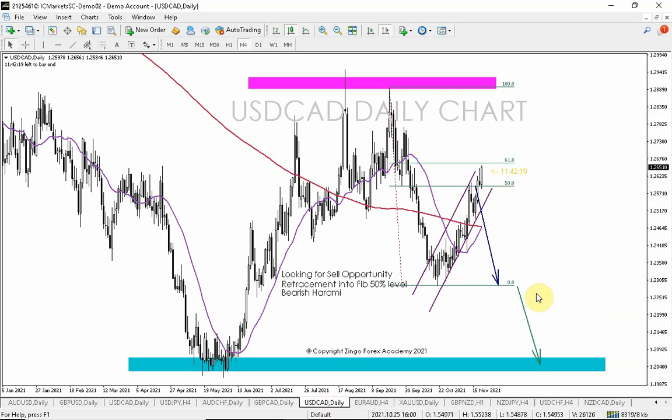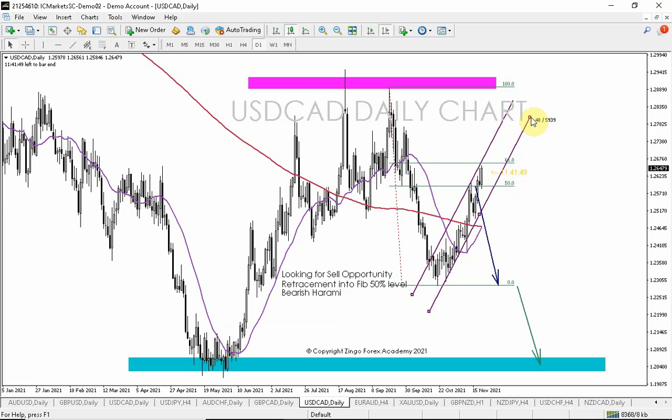USD CAD. Well, we haven't taken this trade. We're looking for an opportunity to short this market, but the market has continued into the Fibonacci levels. Let's see what will happen in the coming days, guys. Let's extend the structure.